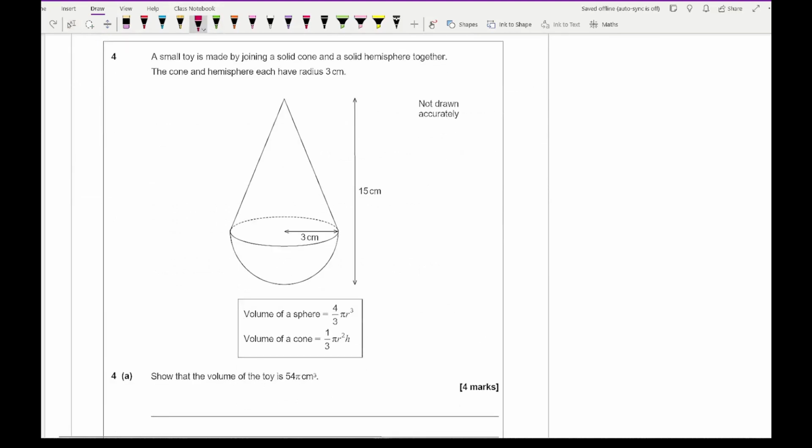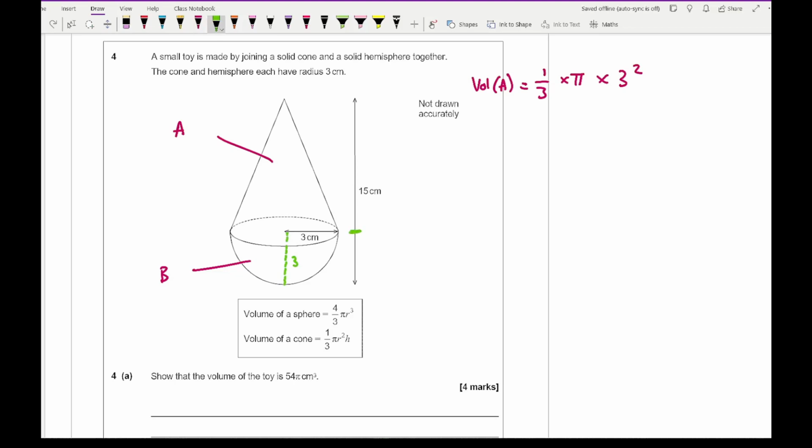So let's just label the shapes. I've got the cone as shape A and the hemisphere as shape B. So working out the volume of A, that's just a straightforward cone, so that's going to be 1/3 times pi times the radius of that cone, which is 3, so 3 squared, times the height of that cone. The hemisphere is going to have the same radius, so that's also 3.